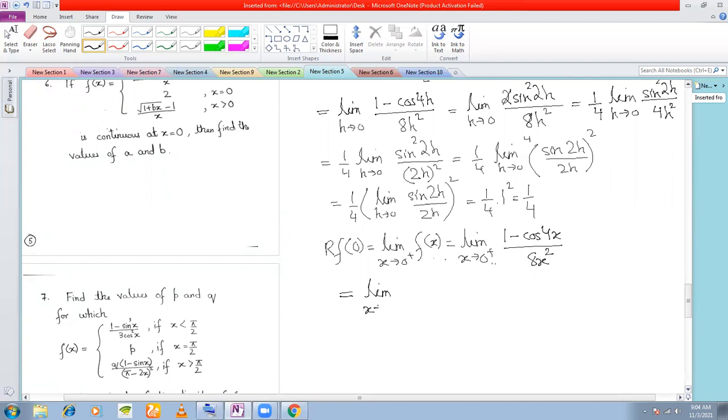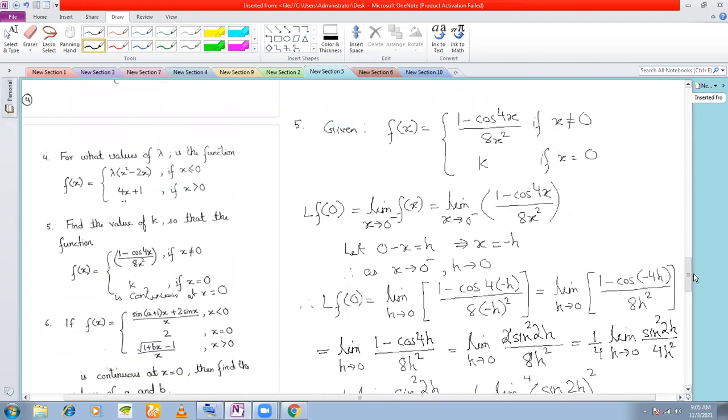So we keep it as it is. 2 sine square 2x by 8x square. Again, this cancels here. In fact, you will get the same limit here. That is 1/4 limit x tends to 0 plus sine 2x by 2x, whole square, which is equal to 1/4 into 1 square, which is equal to 1/4. So the right hand limit is also equal to 1/4.